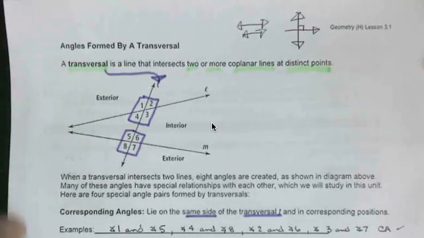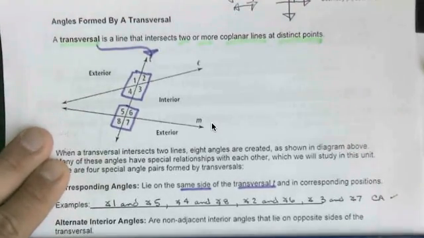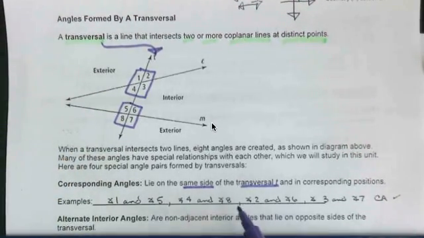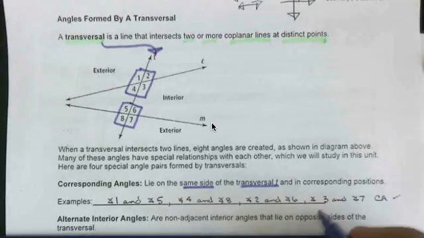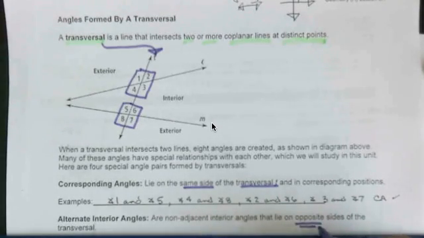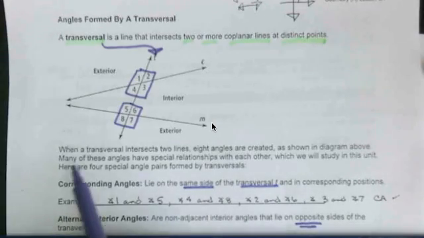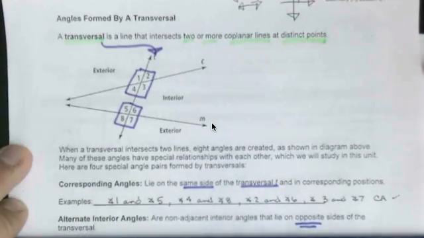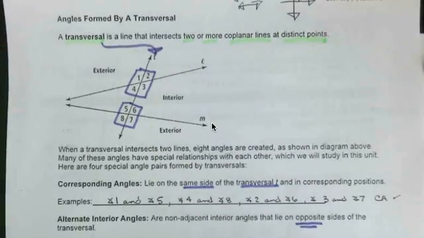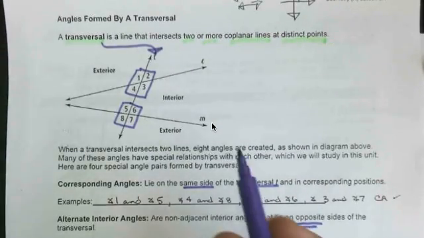to alternate interior angles, which are non-adjacent interior angles that lie on opposite sides, so that's important, opposite sides of the transversal. So we are looking at opposites. So non-adjacent, and this is kind of like vertical angles, or no, not quite vertical angles.